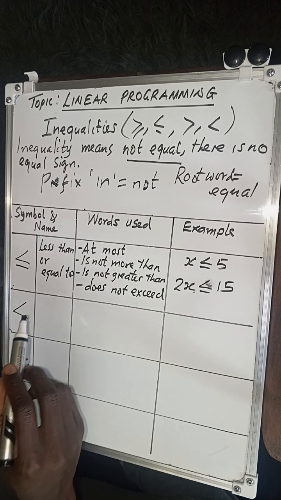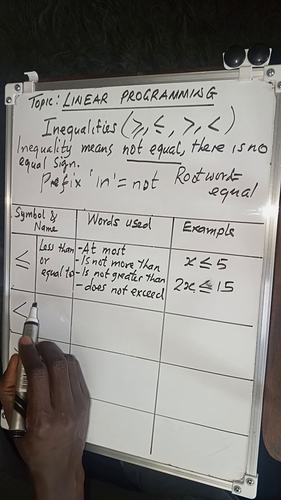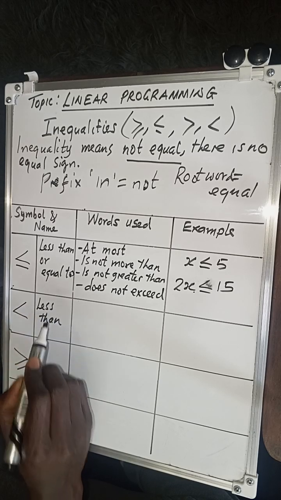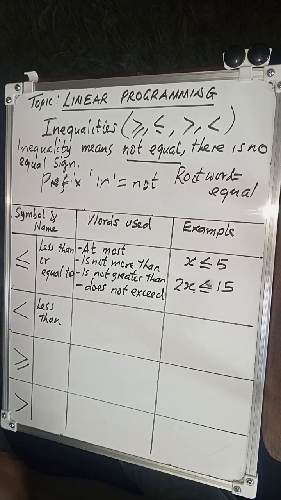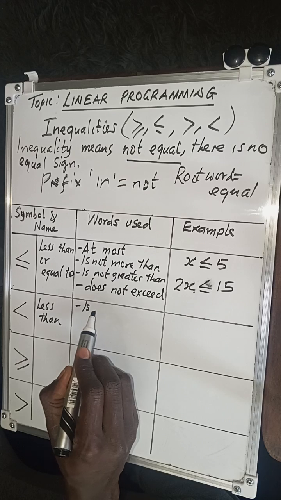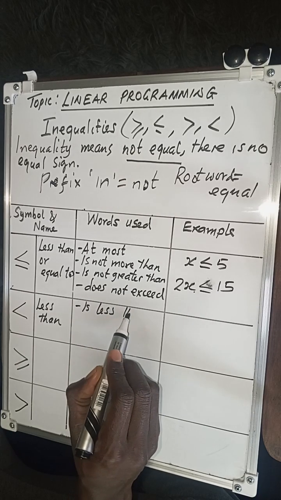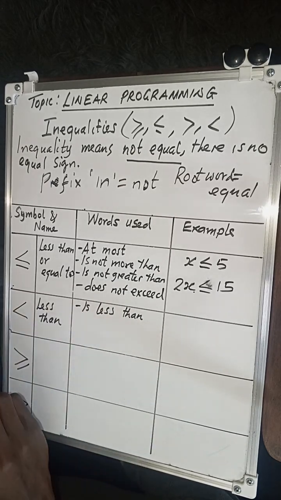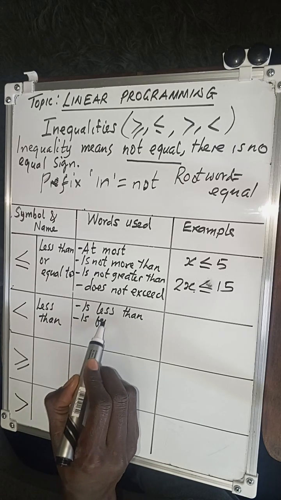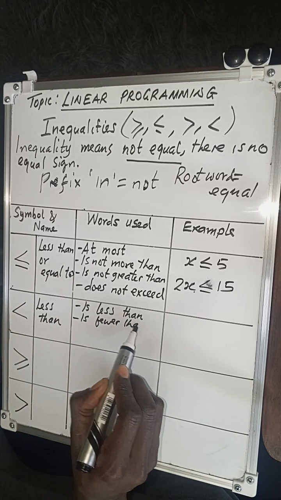This symbol that you see here is what we simply call less than. But what words are going to be associated with less than? Well, words that we use include things like "is less than". We can use words like "is fewer than".